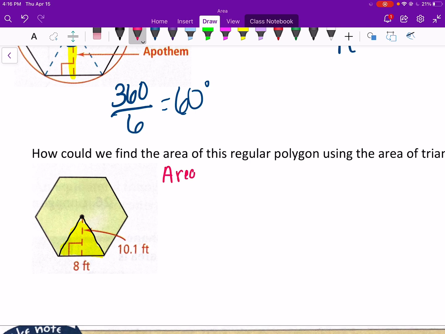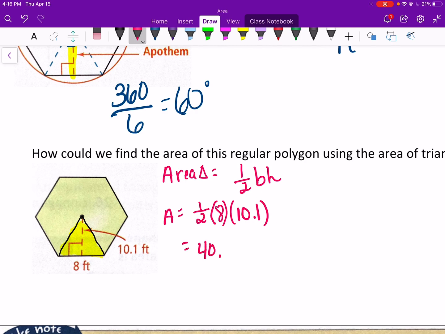So I know the area of a triangle is 1/2 times base times height. So in this case, the area would be 1/2 times the base, which is 8, times the height, which is 10.1. So this area is 40.4.